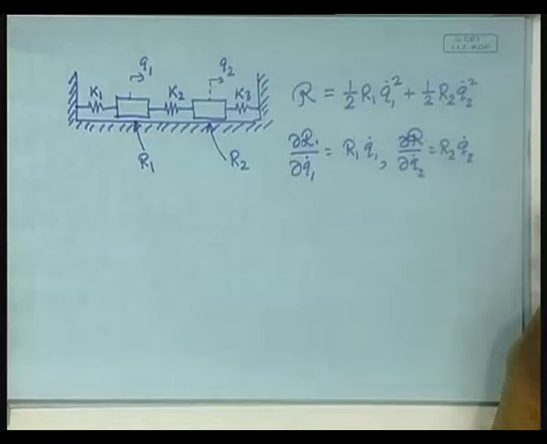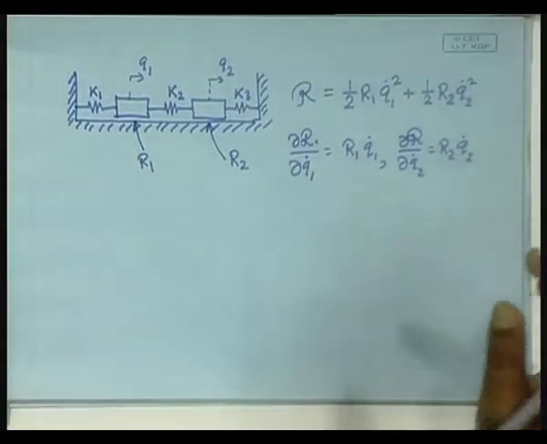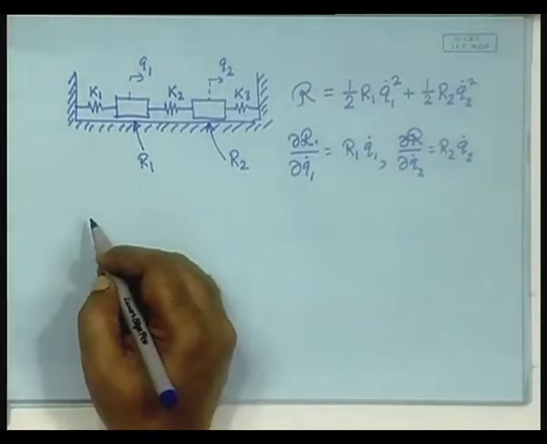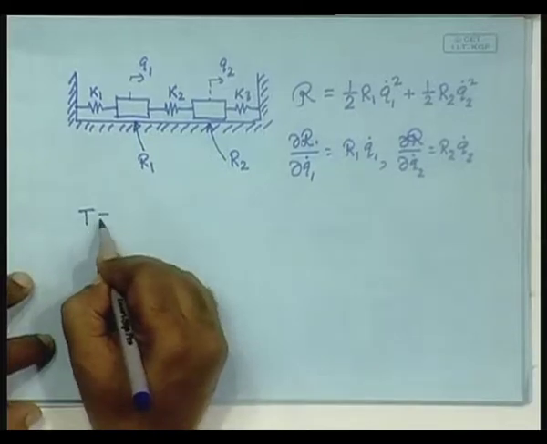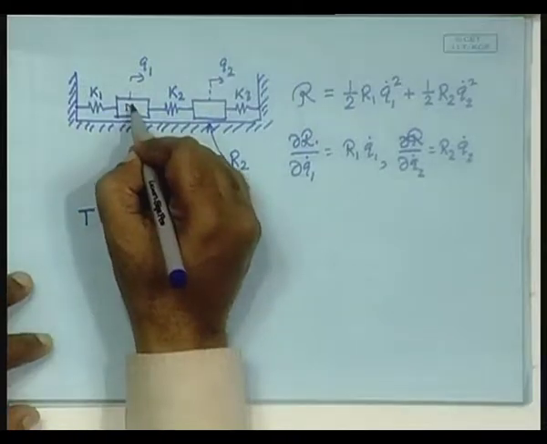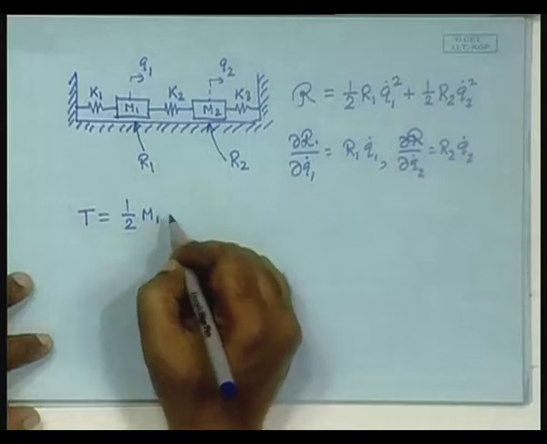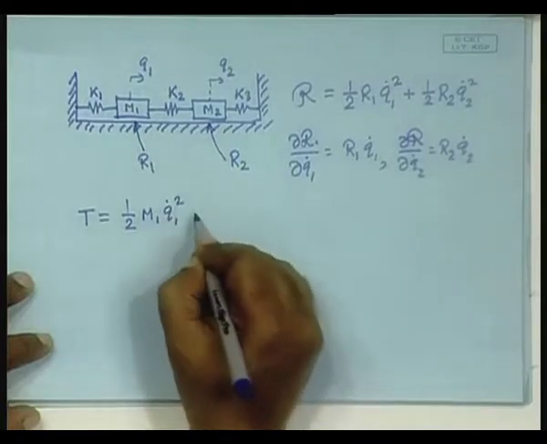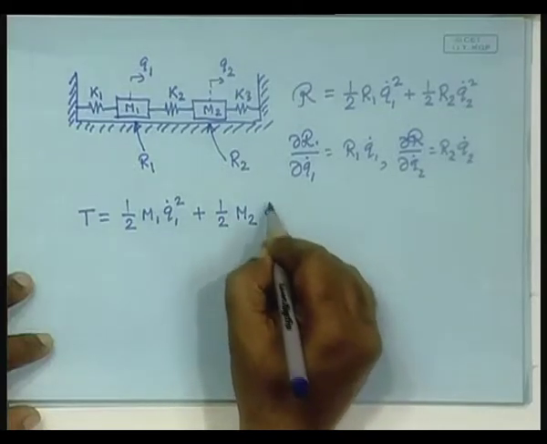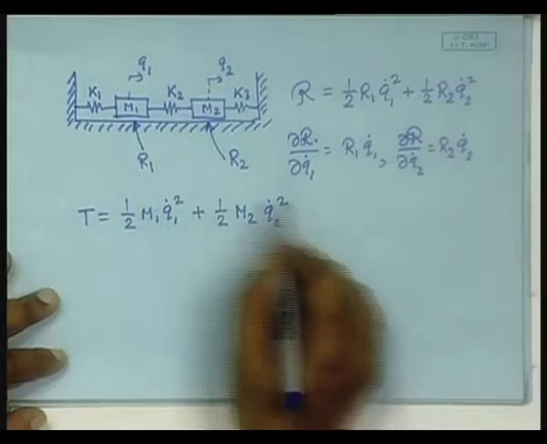Then after that we just recall what our expressions for T and V were. Let me write them down so that we can derive the whole thing. T was half m1 q1 dot square plus half m2 q2 dot square. That was the expression for the kinetic energy.